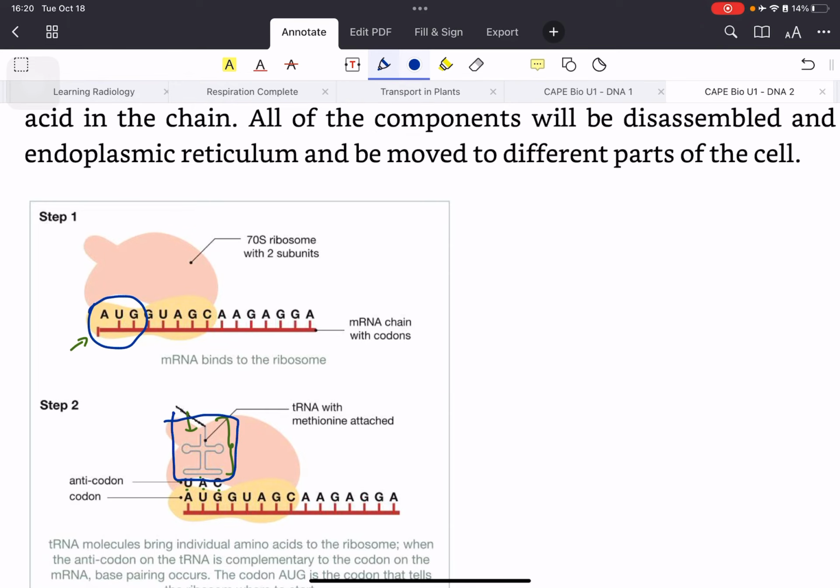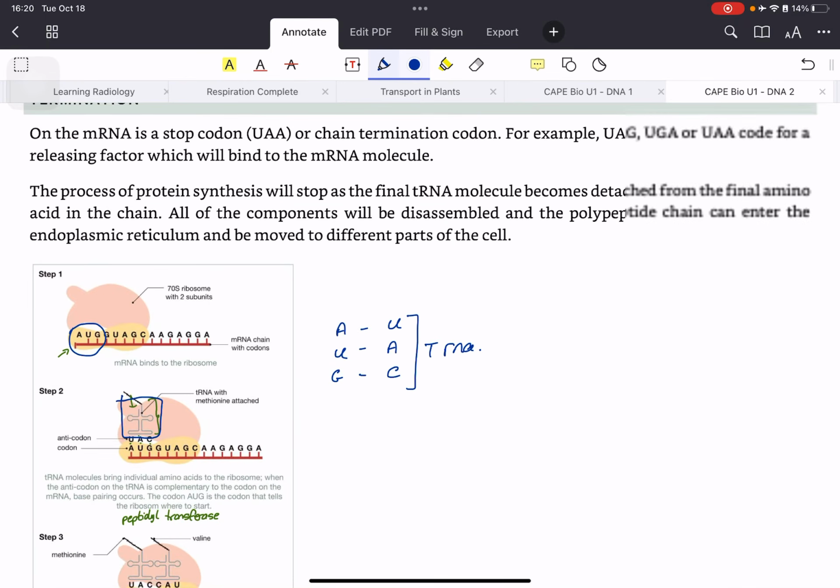Because you have AUG, the tRNA molecule is going to do the same thing that the DNA and the RNA did. So A would be U, U would be A, G would be C. So this is what you would see on the tRNA.